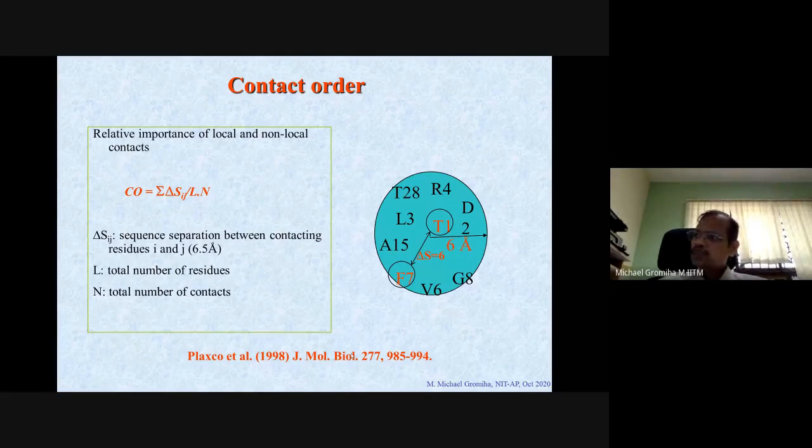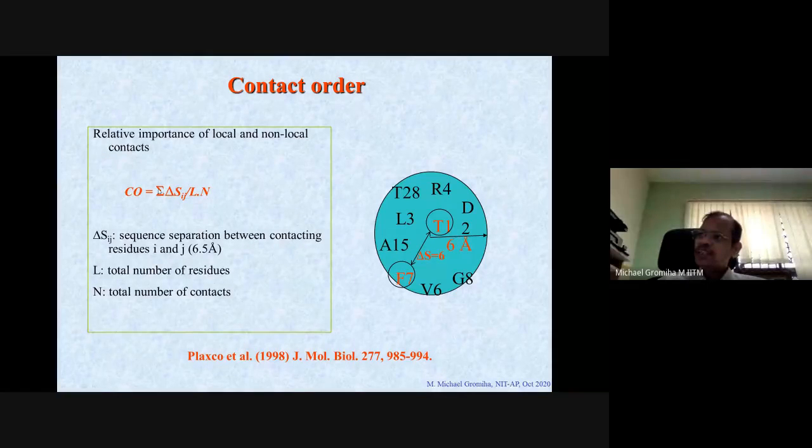Yes, what is the distance between these two residues, T1 and F7? 6, right? Then T1 and D2, it is 1. T1 and L3, it is 2. So we can calculate the total sigma Sij.